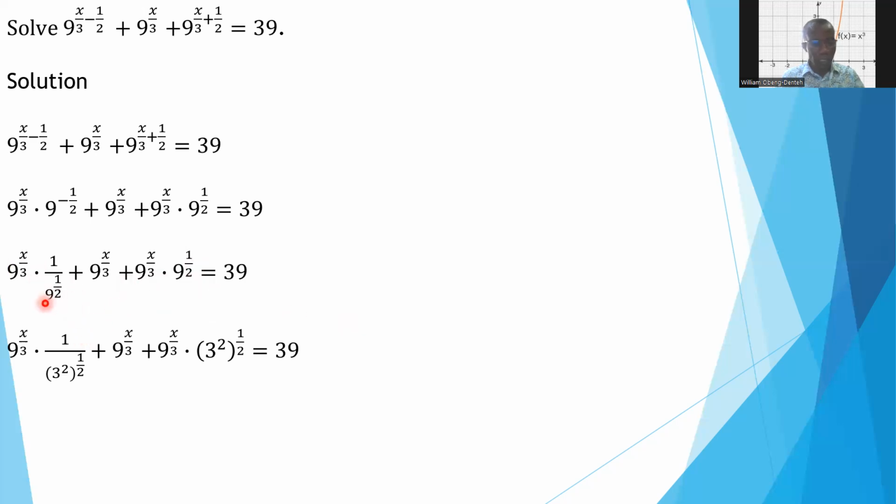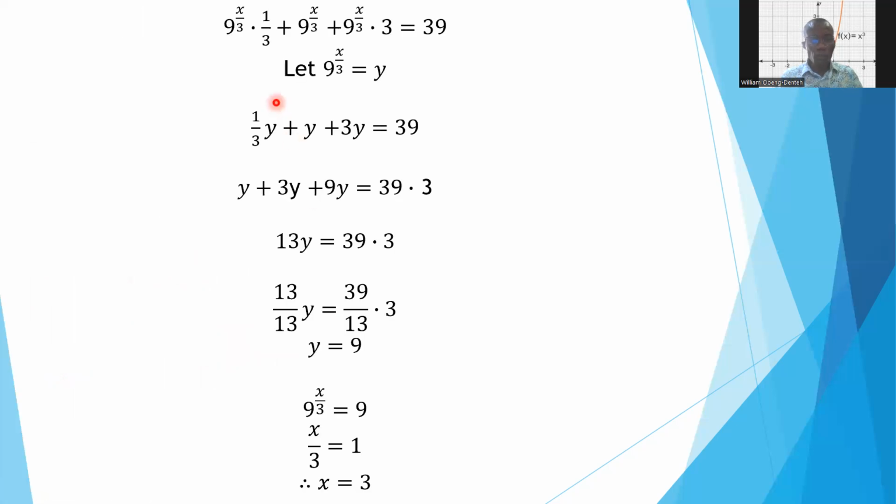The next step is that we can write 9 as 3 squared, so that 2 multiplied by that half will give us 1. So we get 1 over 3. Then this 9 raised to the power half, which is square root of 9, giving us 3, we can also write as 3 squared times a half. So 2 times half, we get 1. So we get our 3. From there, we move on to the next step.